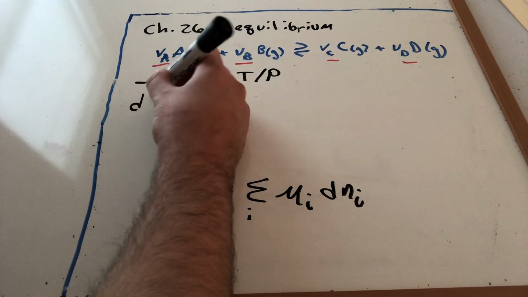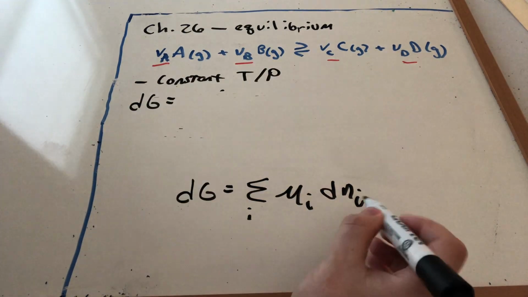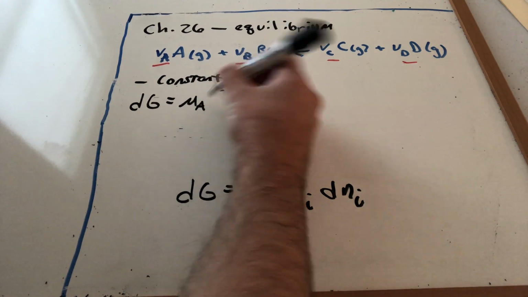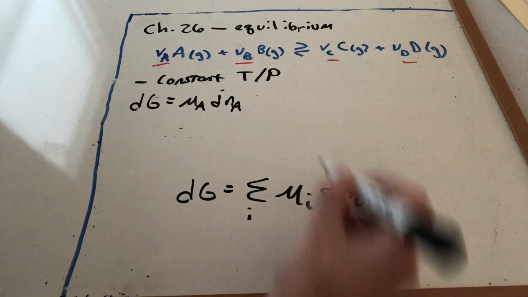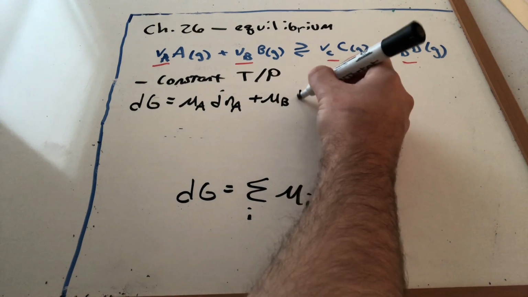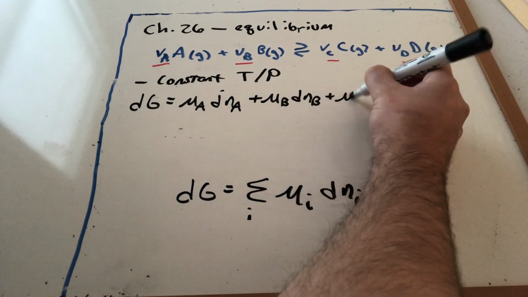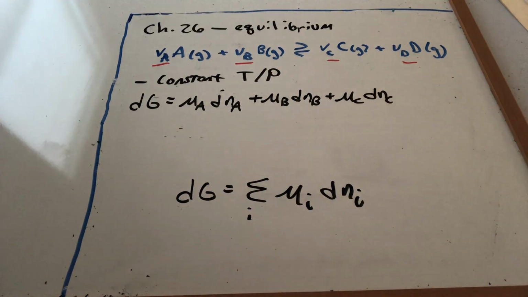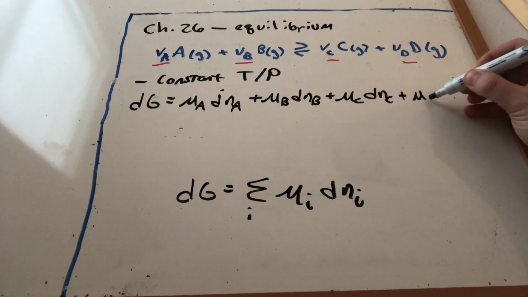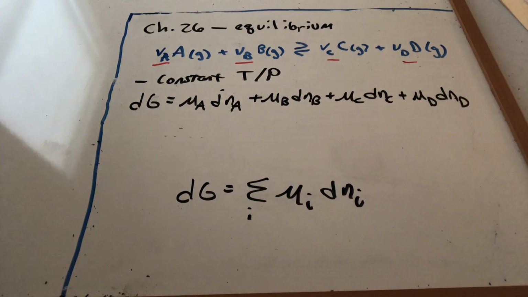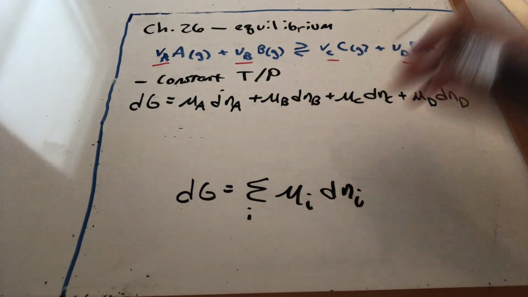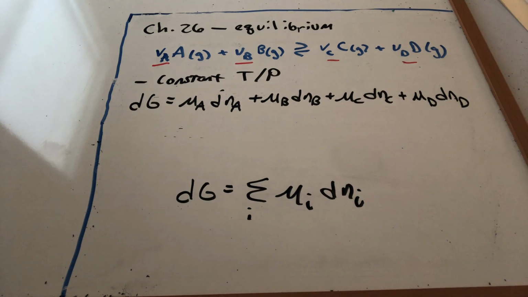For this reaction that we have above, dG is going to be equal to mu of A, dn of A, plus mu of B, dn of B, plus mu of C, dn of C, plus mu of D, dn of D. Now, if we had more or fewer reactants or products, it would change, but again, we're just going to do it in the context of this, and then we're going to develop some general ideas that we'll be able to apply to other situations. But this is essentially the total change in Gibbs energy.